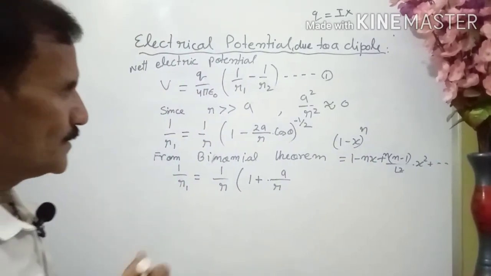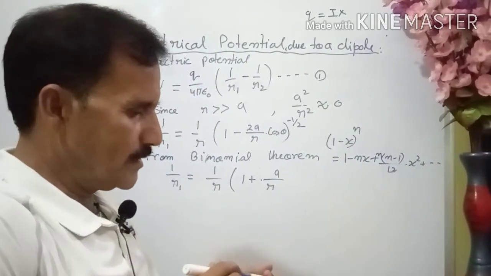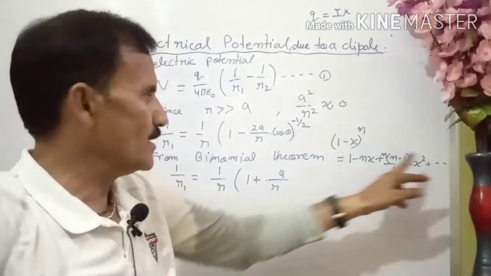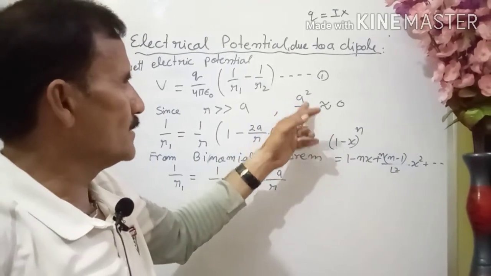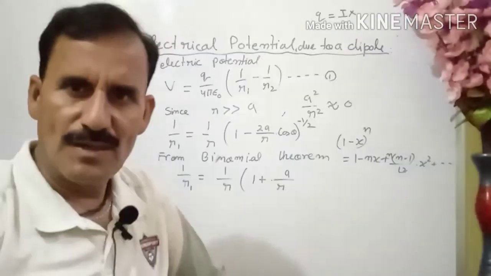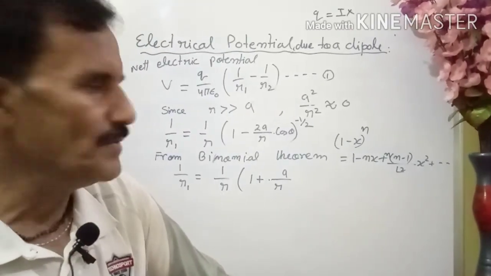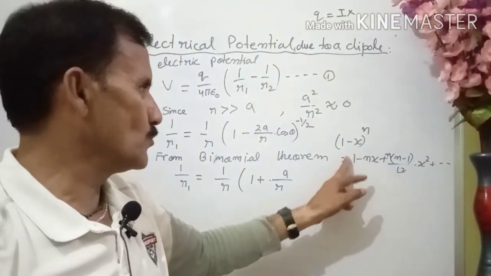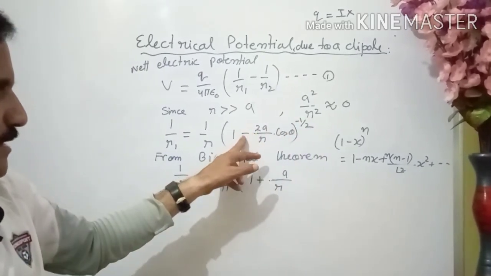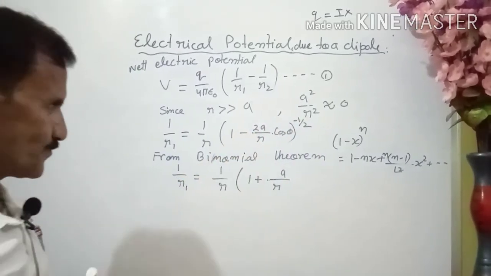Okay? So when you leave this, why are you leaving? Because r is very, very large, so higher terms, squares and cubes, are very small, so they can be neglected. So only these two will come. So we are writing these two. The 2 will cancel and minus minus plus.